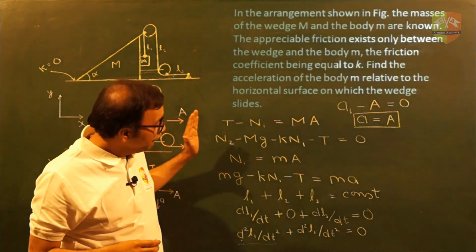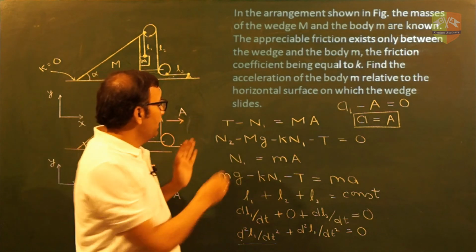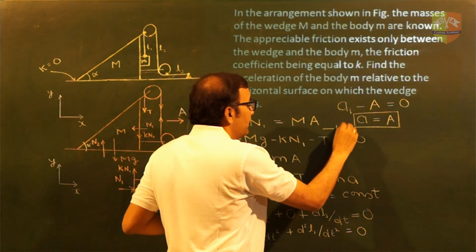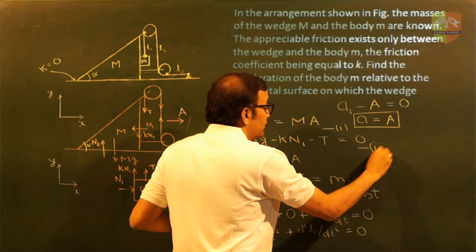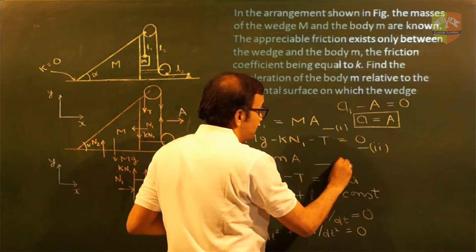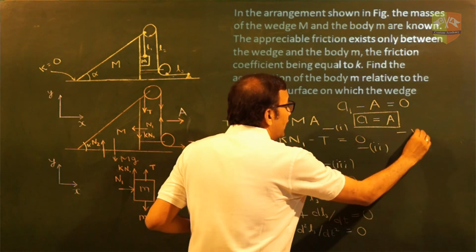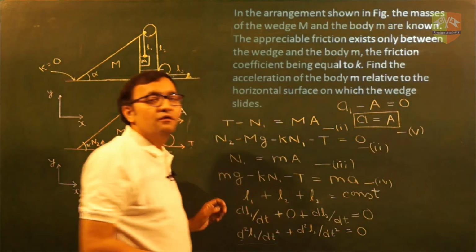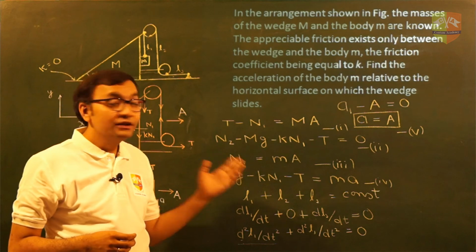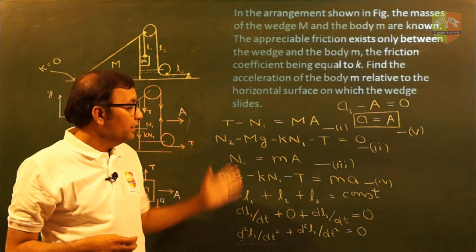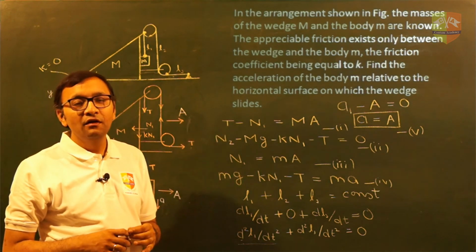So now we have 5 equations. We have equation 1, second, third, fourth, and we have this one as the 5th equation. And now we can solve this problem by simultaneously solving these 5 equations.